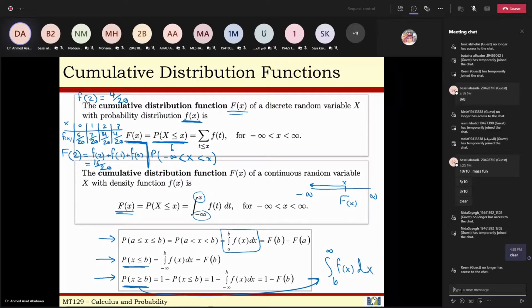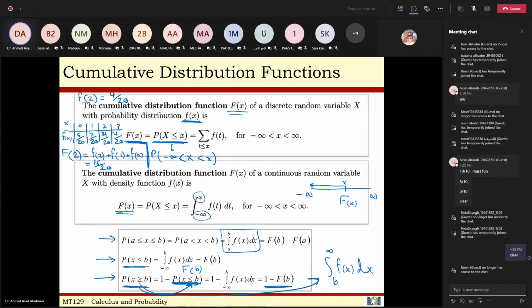We can use this one directly, or 1 minus F(b), because we can swap between less than and greater than by subtracting from 1. So we can find it by 1 minus F(b).